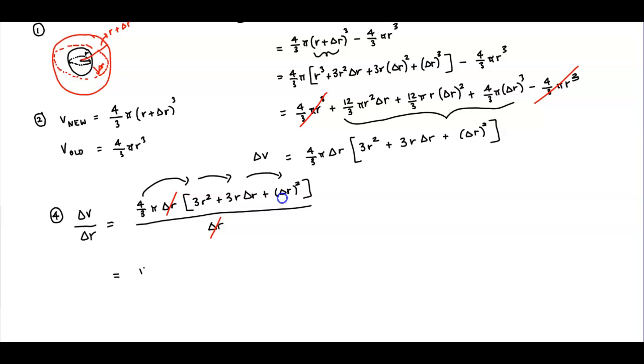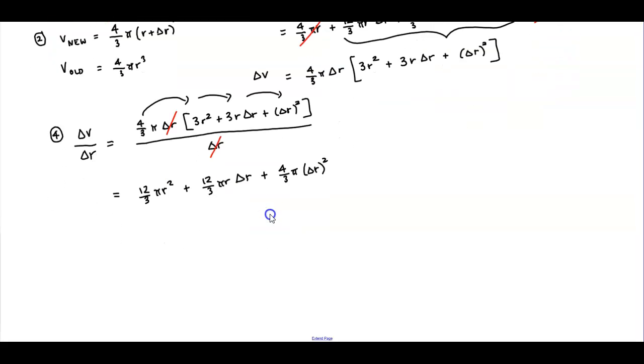We end up getting 12 over 3 pi R squared plus 12 over 3 pi R times a change in R plus 4/3 pi times a change in R squared. So we end up getting 4 pi R squared plus 4 pi R times a change in R plus 4/3 pi times a change in R squared.